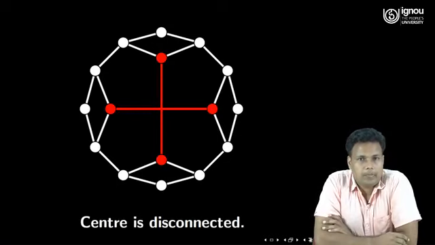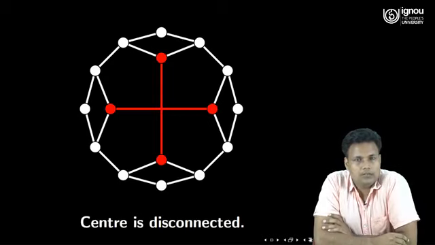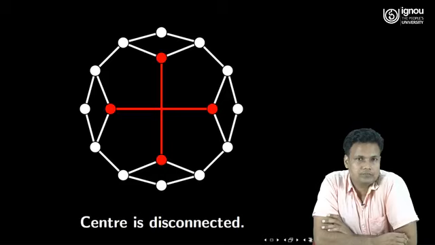We have one example here. The subgraph shown in red is the center of this graph. You can see that any vertex in this subgraph has eccentricity 3, and you also can see that this center is disconnected.